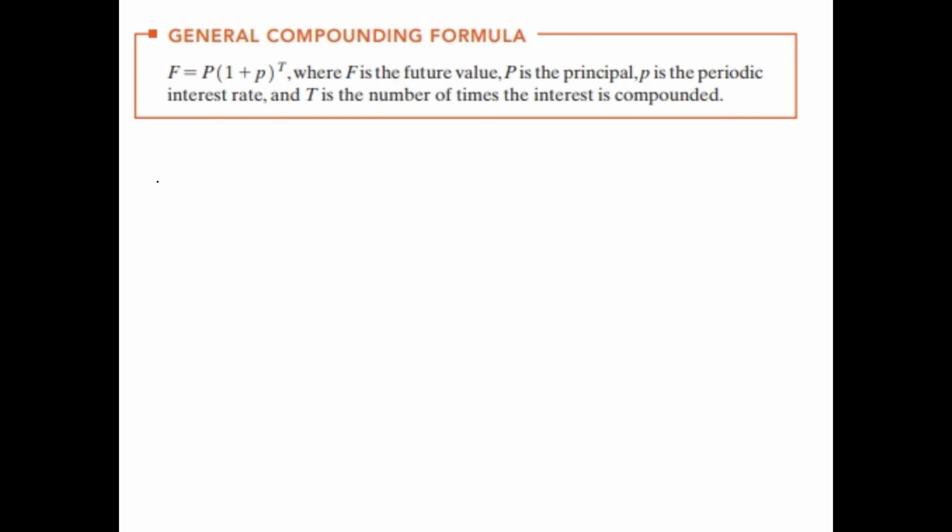And so then that's not how much you're going to get every compounding if you're compounding other than once a year. So if you're compounding once a month, then you're only going to get a 12th of that. If you're compounding quarterly, then you're only going to get a quarter of that. If you're compounding daily, then you're only going to get 1/365th of that. And T is the number of times the interest is compounded.